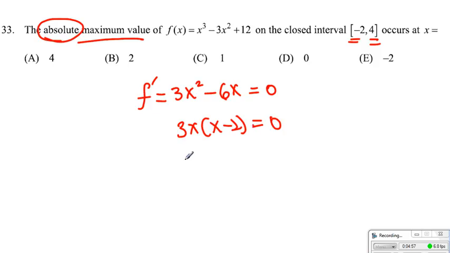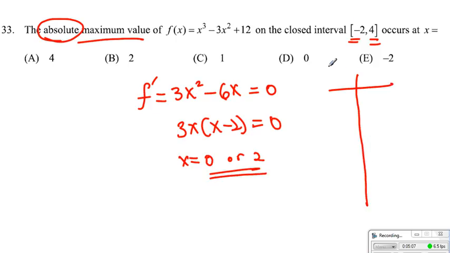That means x can be equal to 0 or 2, and both of them happen to be part of this interval. So we have the endpoints -2 and 4, and 0 and 2. We have to check up on all these 4 points to see which one of them will be the absolute maximum.